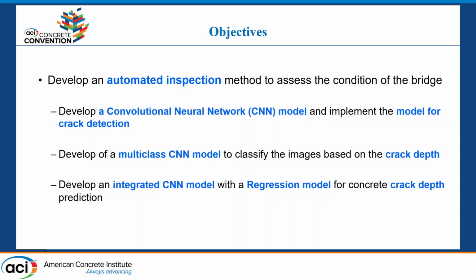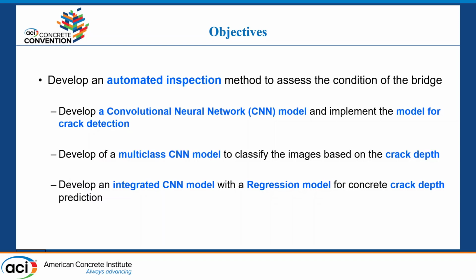The first objective of the study is to develop a deep learning model, a convolutional neural network model, and implement this model for crack detection. To determine the propagation of the crack, to determine the condition of the crack, we will develop a multiclass CNN model to classify the images based on the crack depth.